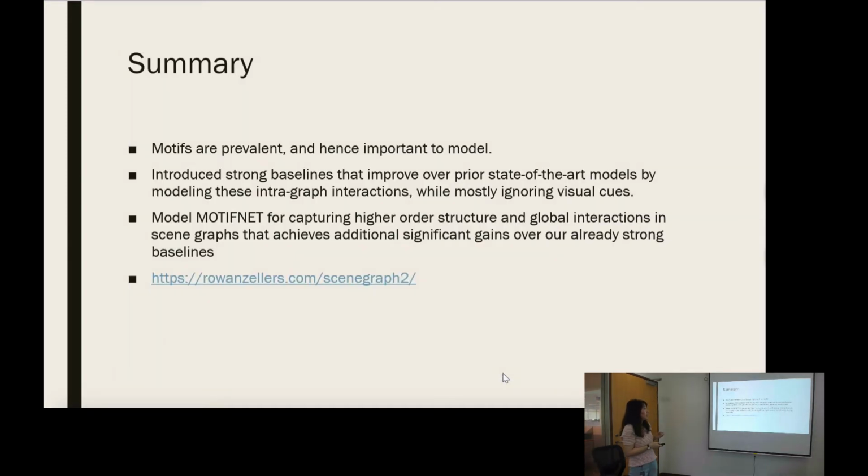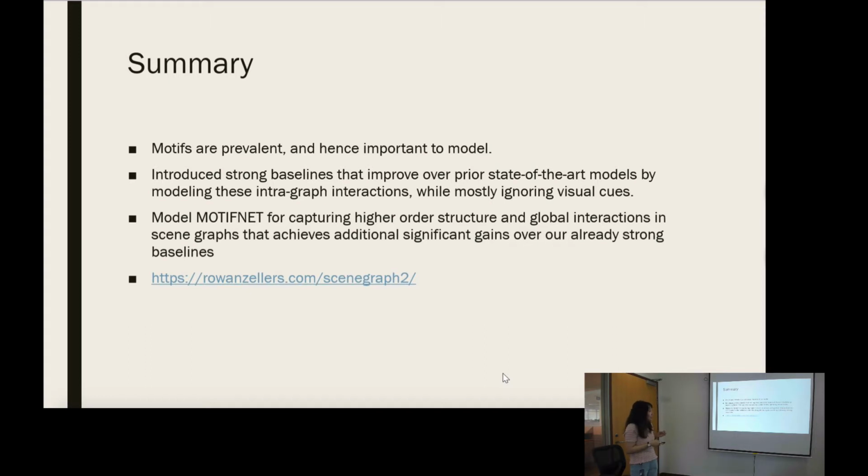So the summary is like this. First, motifs are prevalent, and it's important to enhance the model. Second, we introduced a strong baseline that just looks at the empirical distribution of the data in the training set, and we already outperform some baselines from before.